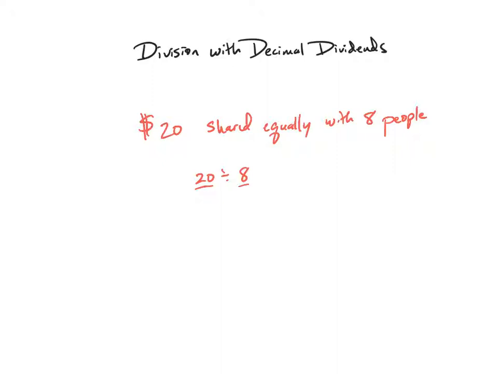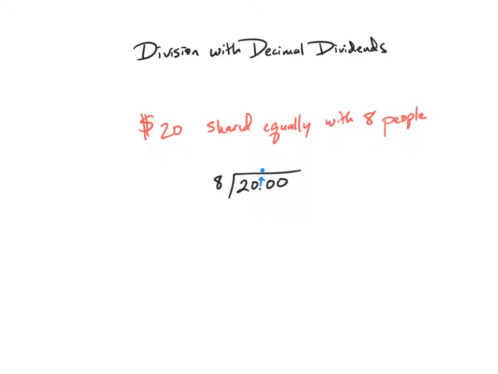Now, if I were to set that up using long division, I would want to write this out as a decimal problem with a decimal dividend, and I'm going to share that $20 with 8 people. With decimal dividends, there's literally only one extra step that you have to do, and that's to take your decimal and move it straight up.